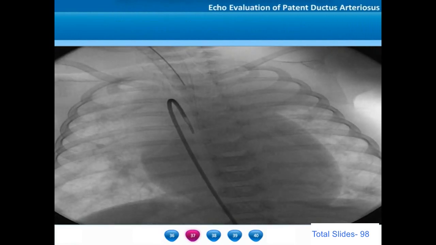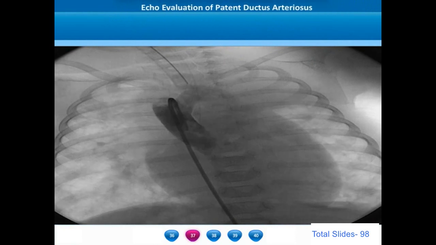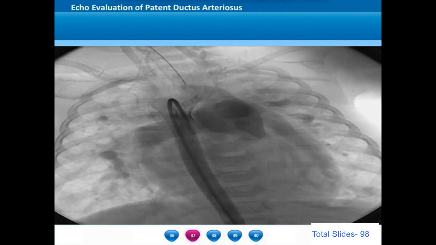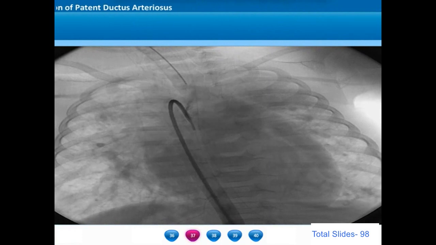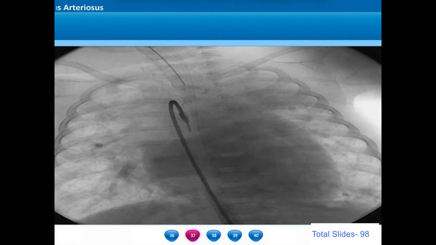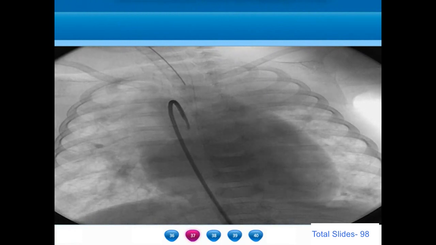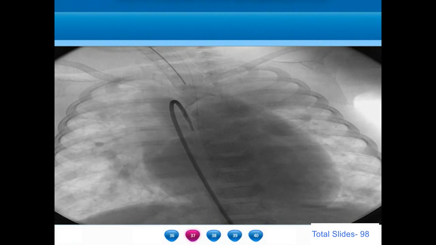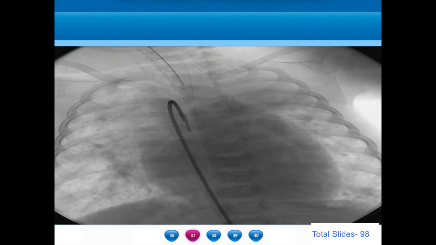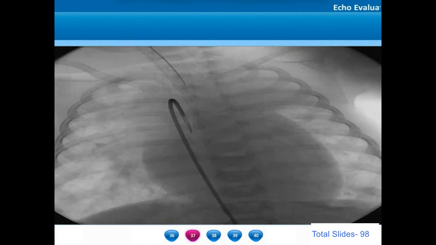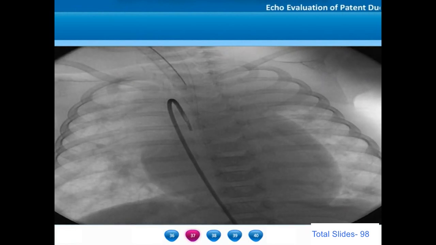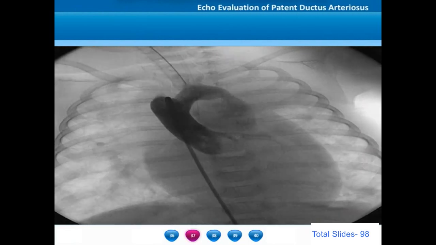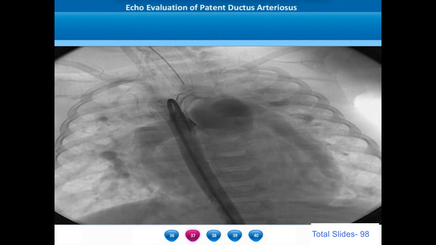Yet another reason for an abnormal morphology of the PDA is shown here. This example shows a right aortic arch. The ductus is arising from the left innominate artery and inserting more into the origin of the right pulmonary artery.